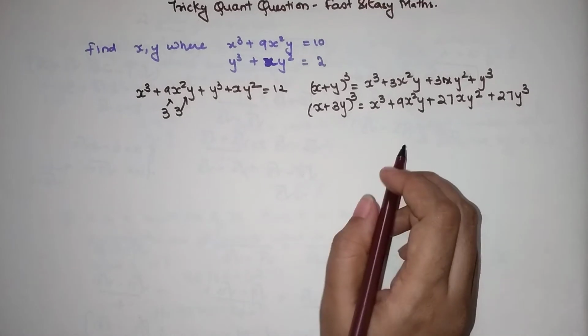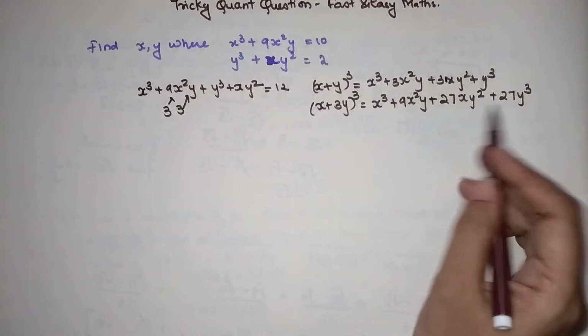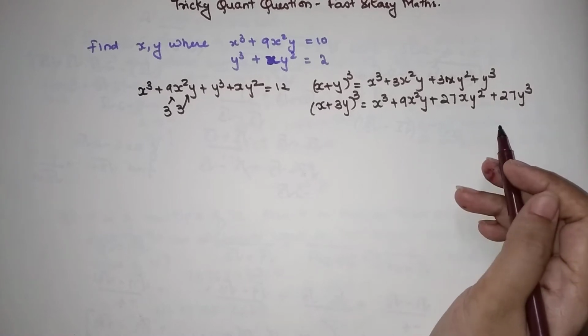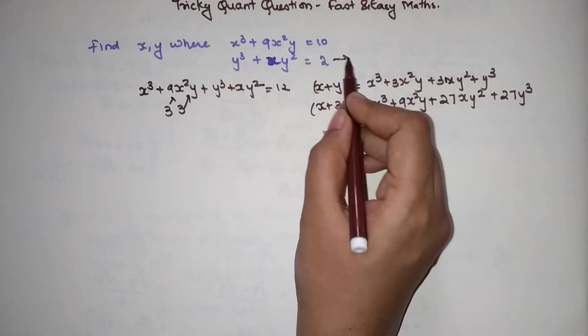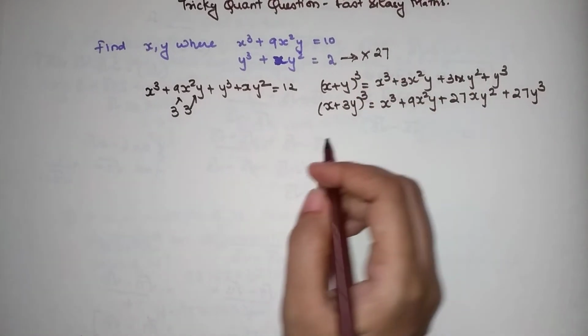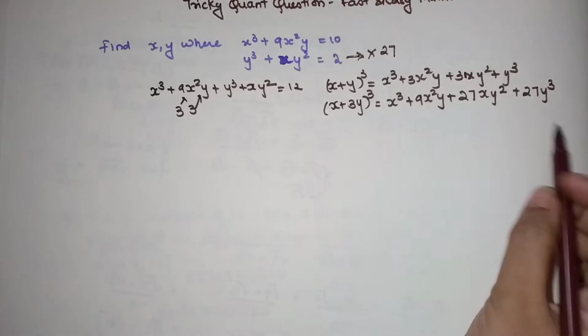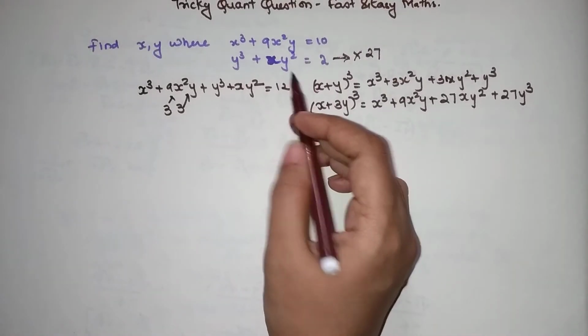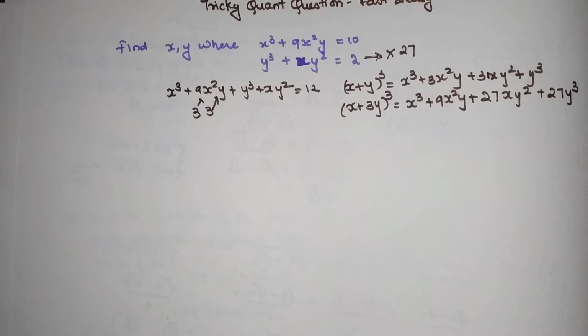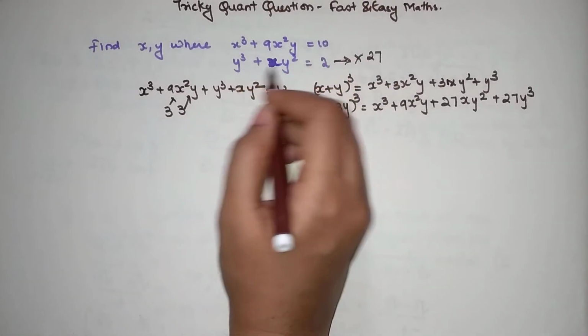Now the trouble is that these two terms have a coefficient of 27. If you look closely at equation number 2, if you multiply both sides by 27, you will get 27xy square as well as 27y cube as your coefficients on this particular side.